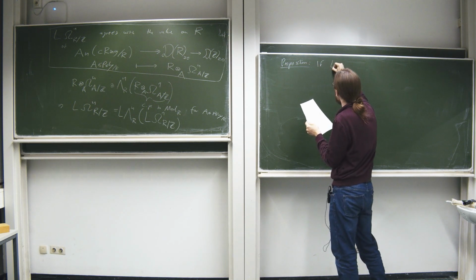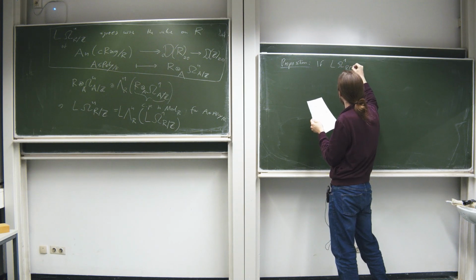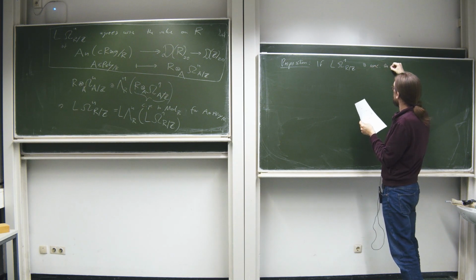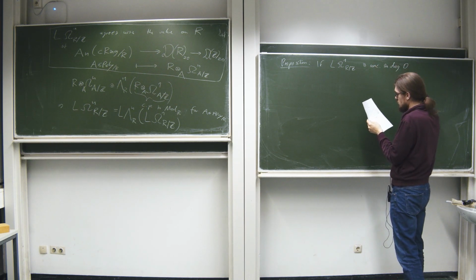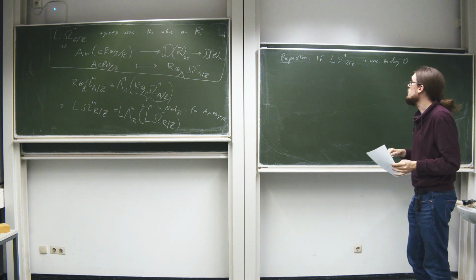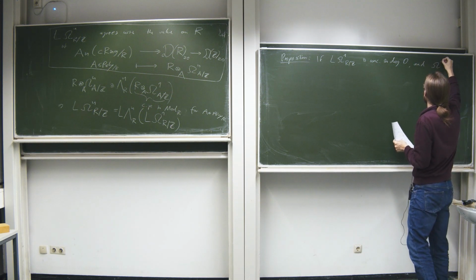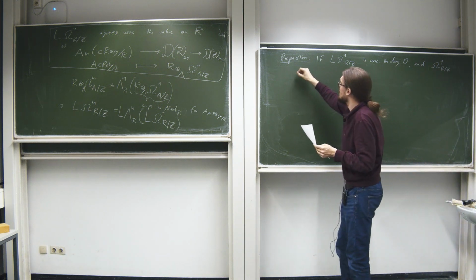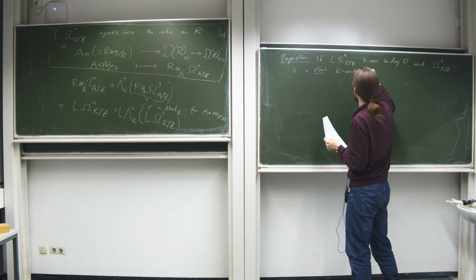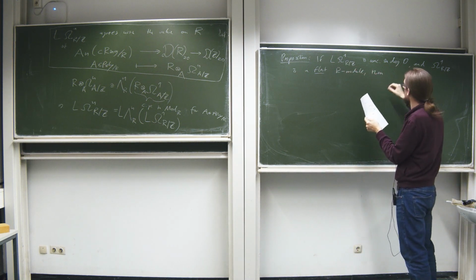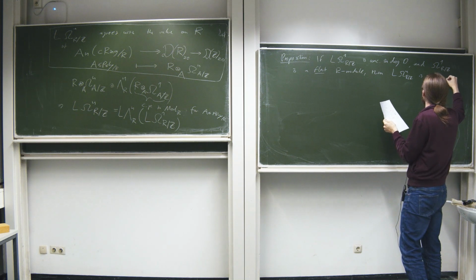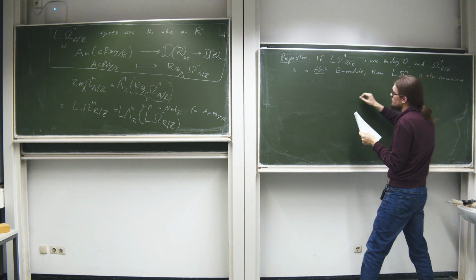If L omega 1 R relative Z is concentrated in degree 0, so it's given by a single homology group, which is just omega 1, and omega 1 R relative Z is a flat R module, then L omega n R relative Z is also concentrated in degree 0.